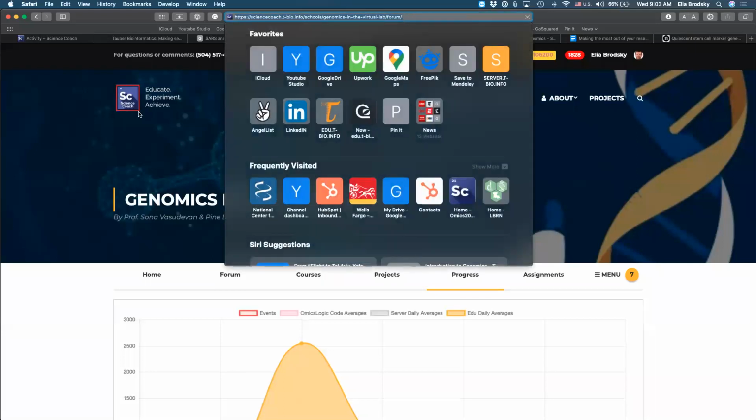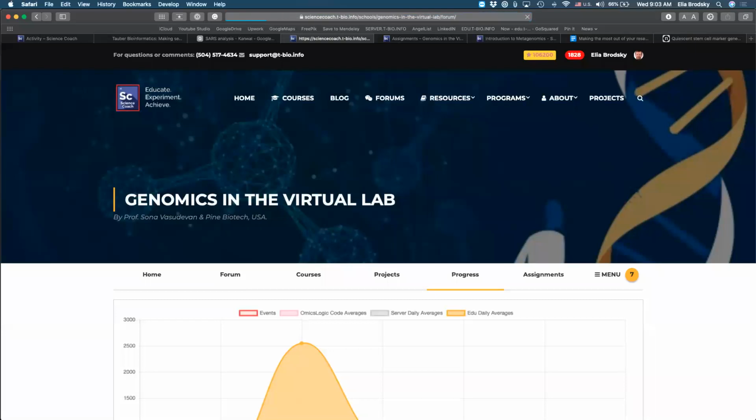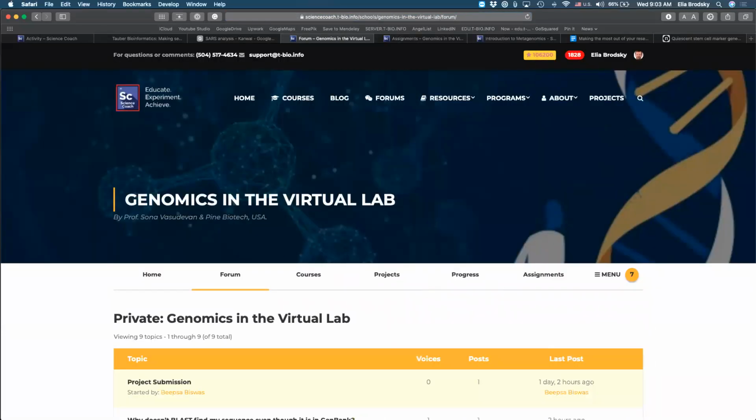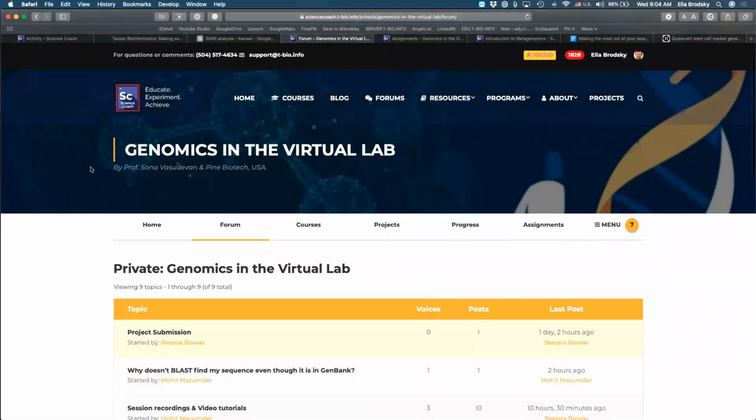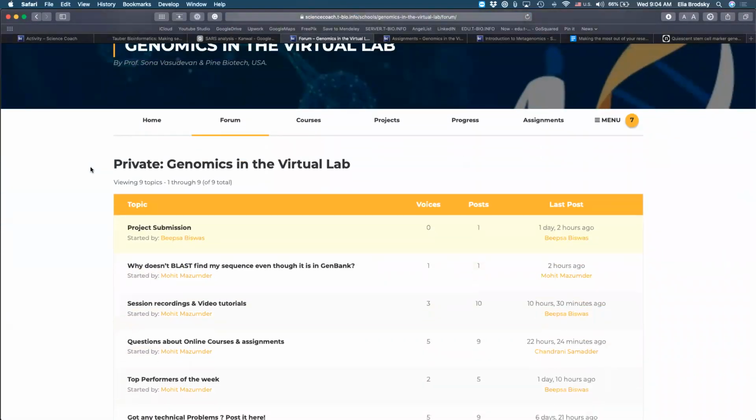Can you tell me if you see this forum, Suparno? Okay, when you get to the forum, you have here project submission. In the project submission, it's a sticky post. That means it's going to be yellow on top. You should see the form.